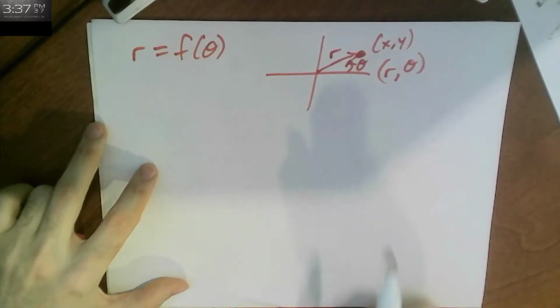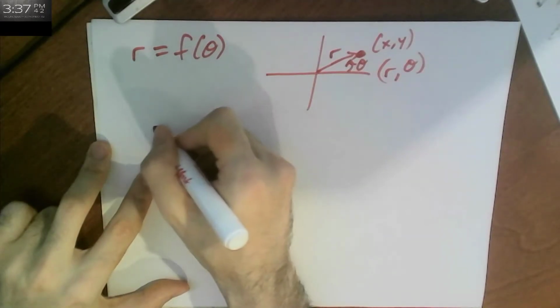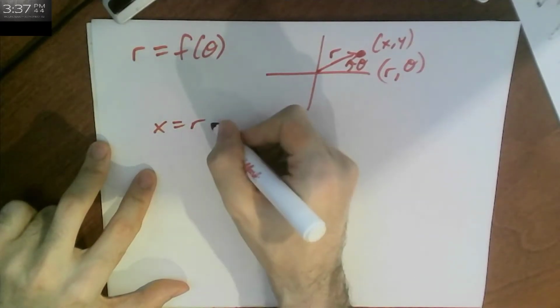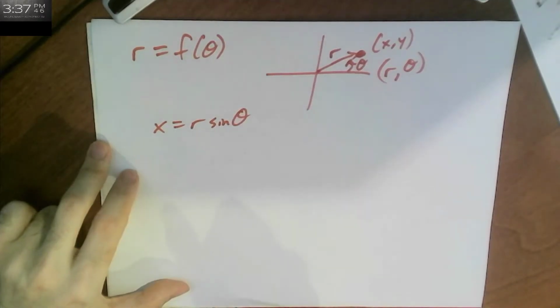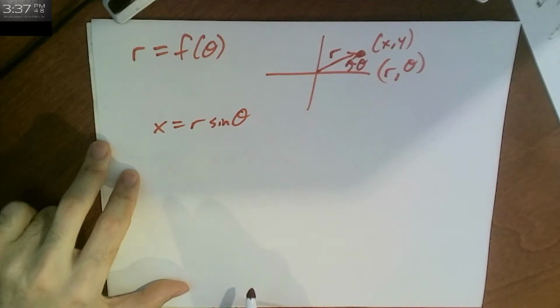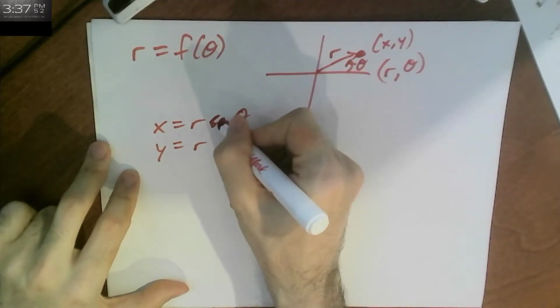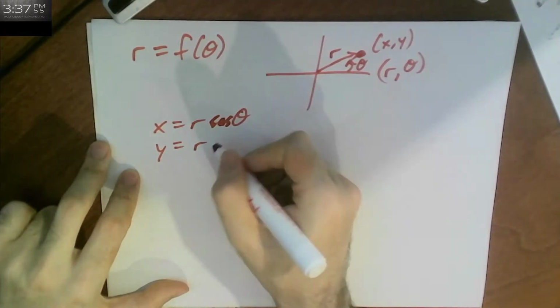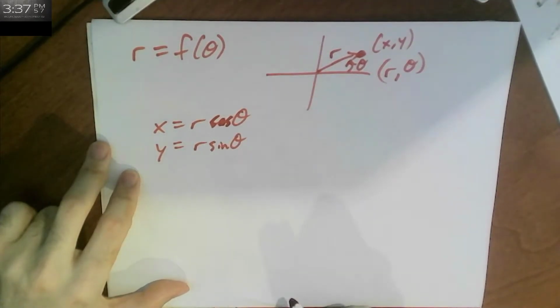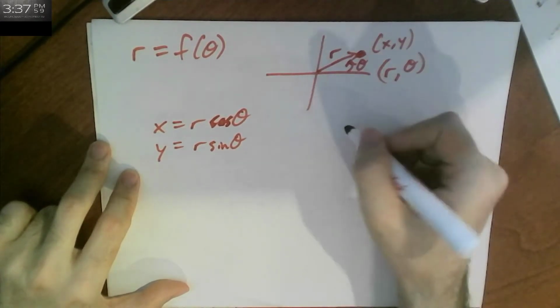And from this, if you drop a perpendicular and think of that right triangle, just a little bit of trig reminds you of the relationships that we care about, that the x-coordinate would be the same as the radius times cosine of the angle theta, that the y-coordinate goes with r sine theta, and we could go the other way if we needed to.